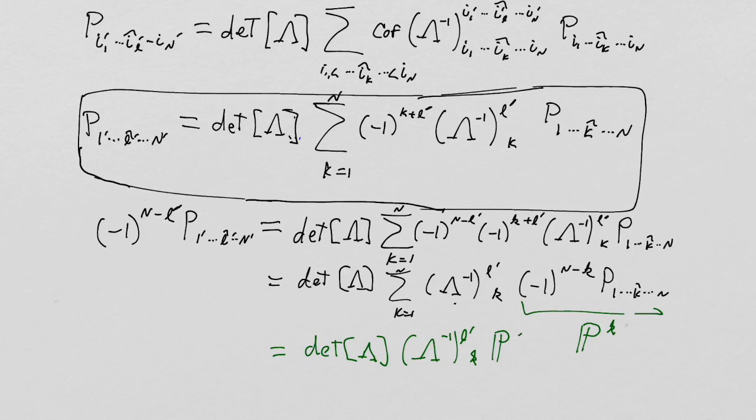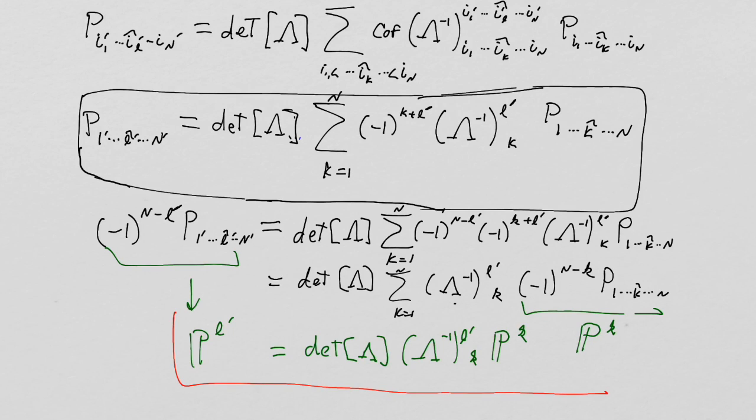P K. And on the other side, I'm going to call this thing P L prime. Right? This thing here, I'm going to call that P L prime. And now have a look at this thing. This red boxed equation, this thing is really interesting.